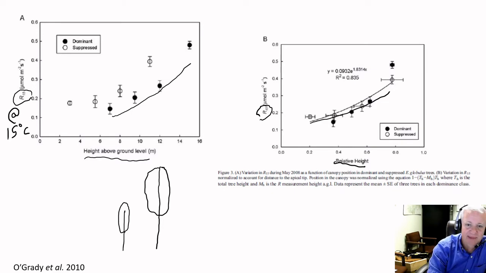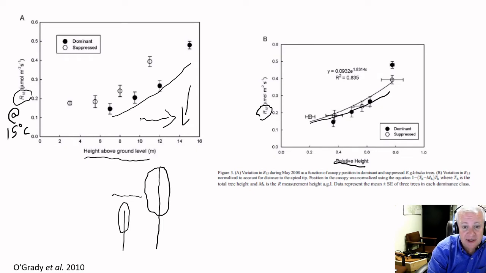The dominant tree, because it's taller, is going to tend to allocate nitrogen higher above ground just because it's taller. So it's going to essentially shift the allocation of nitrogen, and therefore higher rates of respiration and higher photosynthetic capacity, higher above the ground than the suppressed tree, which basically is only this tall.